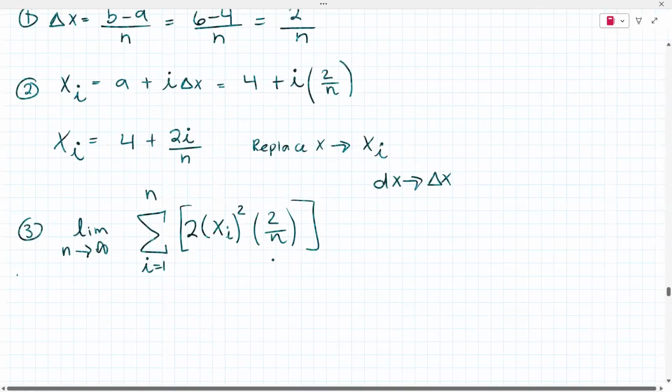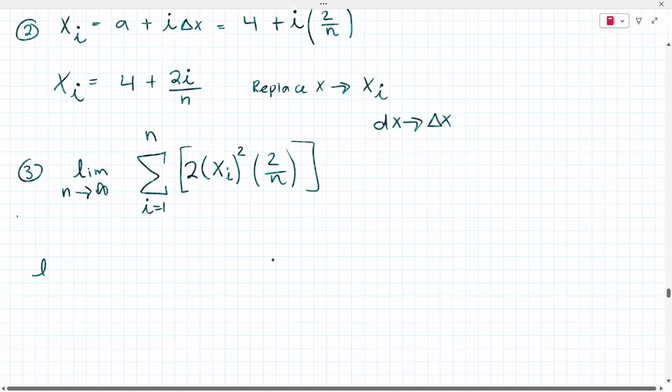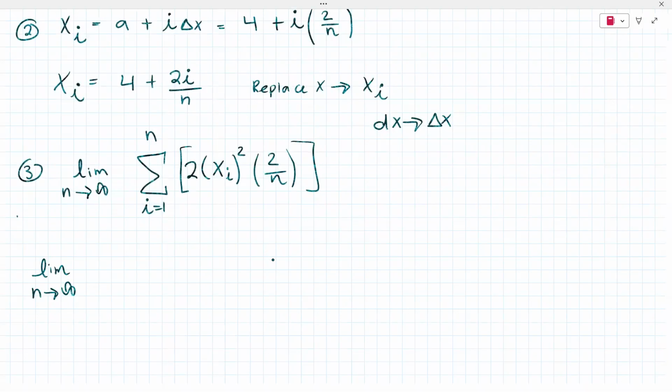So I guess you can start cleaning this up. So this is the limit as n approaches infinity. Xi squared is x squared i times 2 over n.